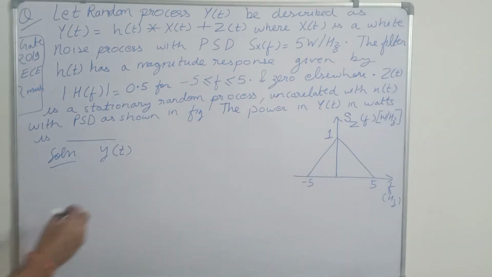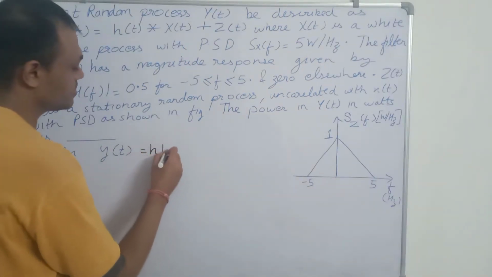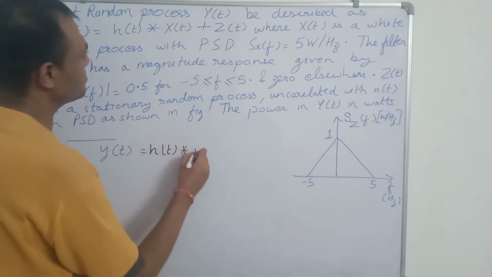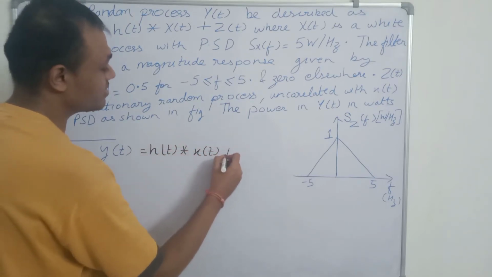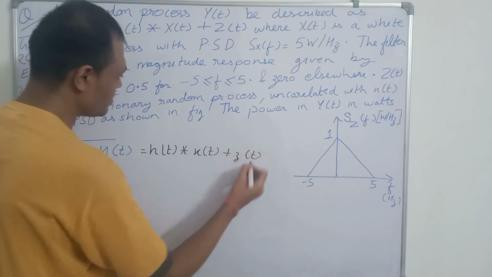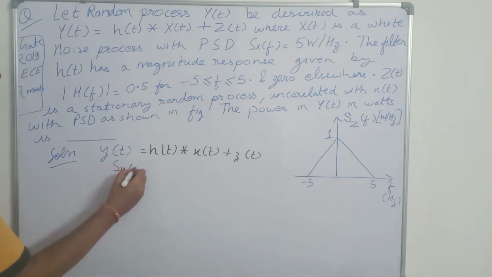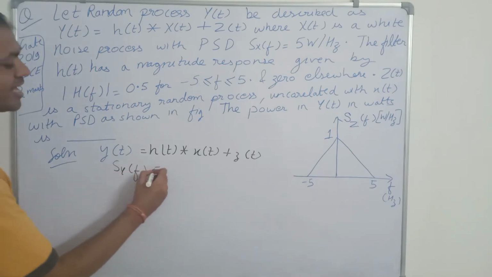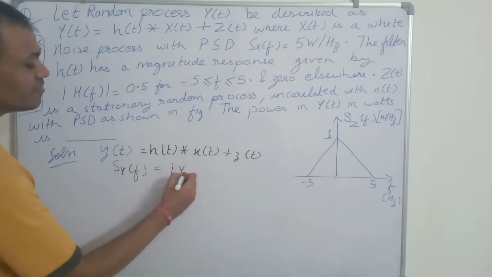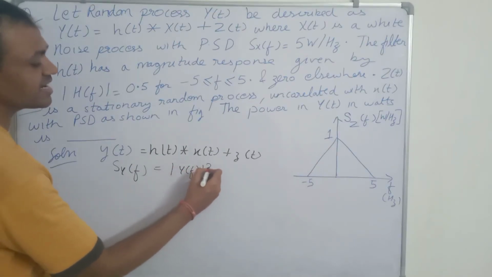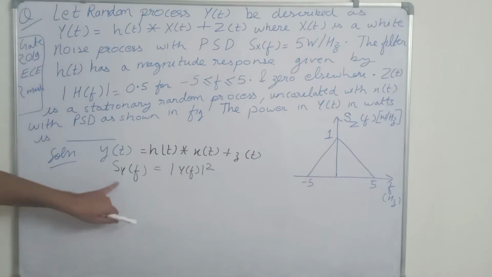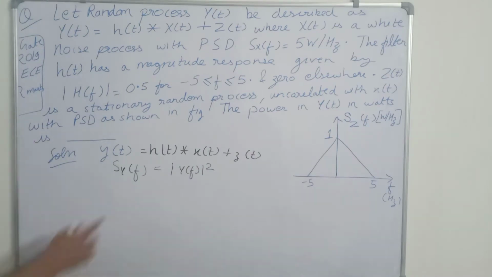If we take it into the frequency domain, first of all the power spectral density of y of t, Sy of f, will be equal to y of f whole square, which is the square of its transform.